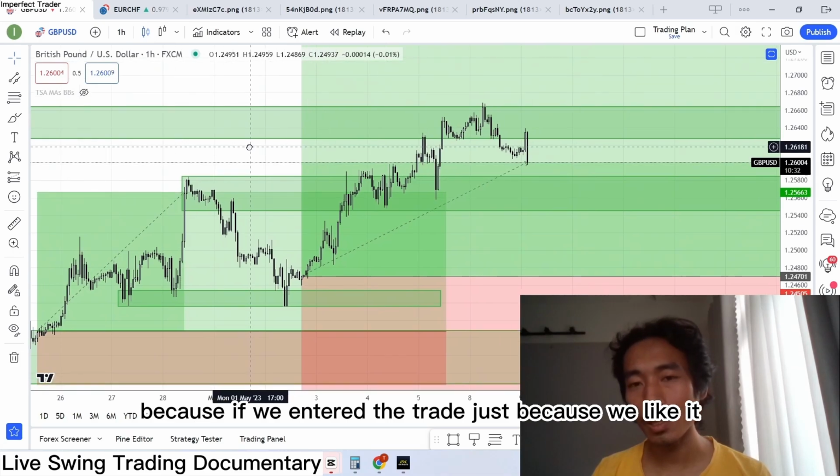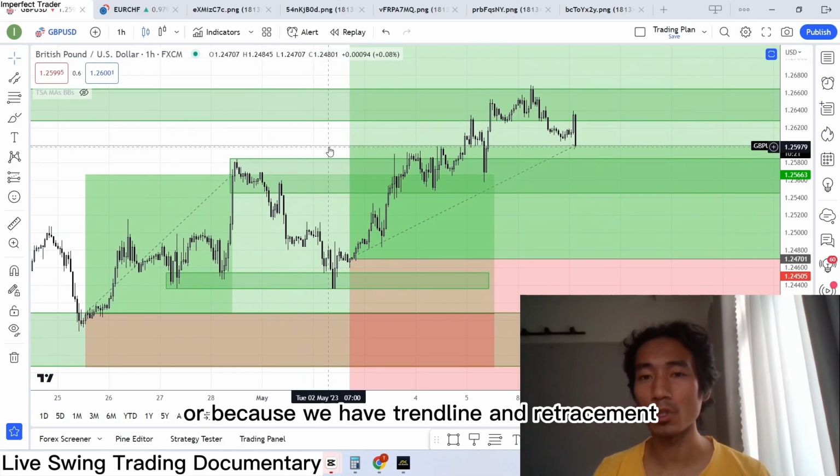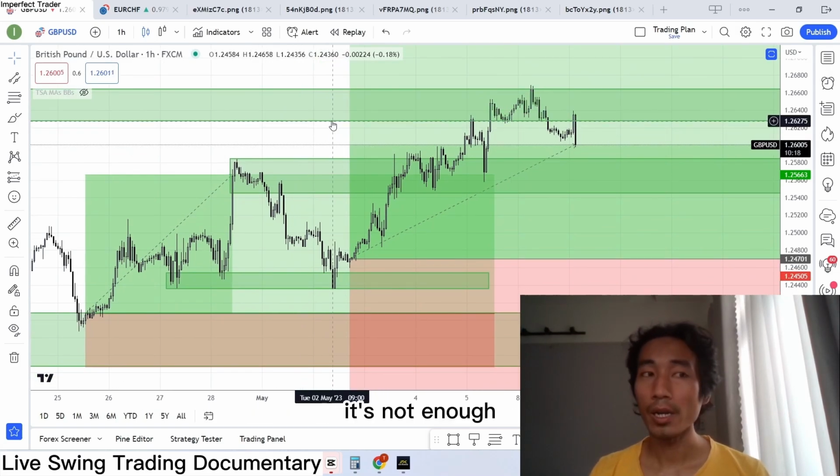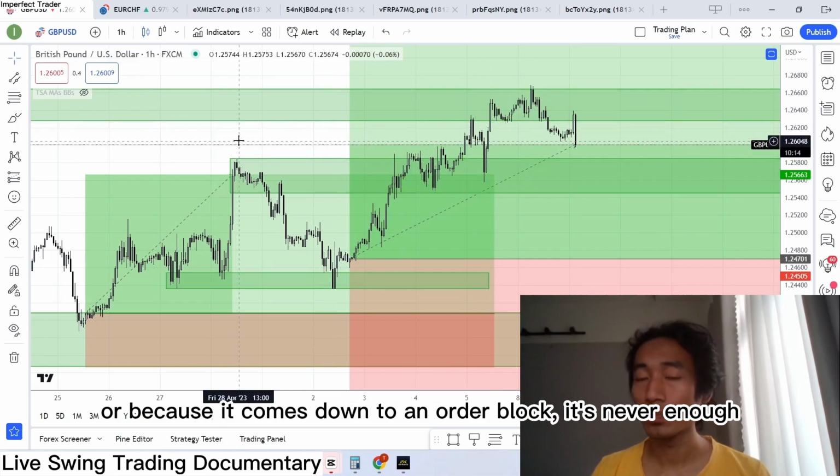Because if we enter the trade just because we like it, or because we have oversold or overbought on RSI or MACD, or because we have a channel line and retracement, it's not enough. Or because it comes down to an order block, it's never enough.